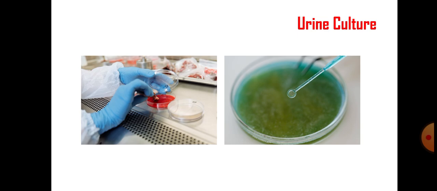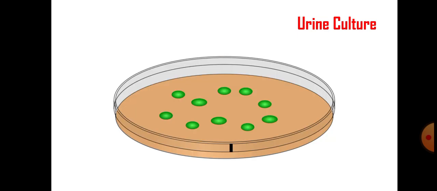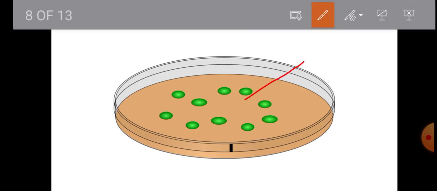This is actually the laboratory setup. This is a plate having the growth of the pathogen responsible for causing UTI, growth of bacterium. So this is the nutrient medium with bacteria.